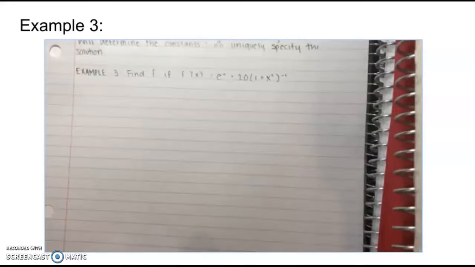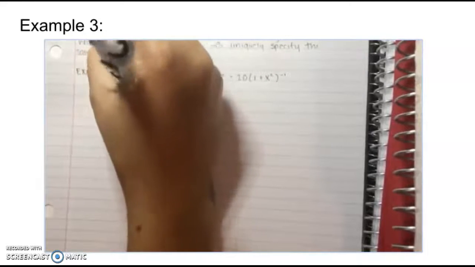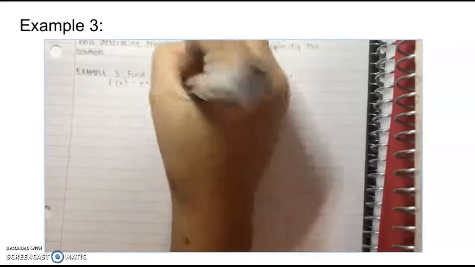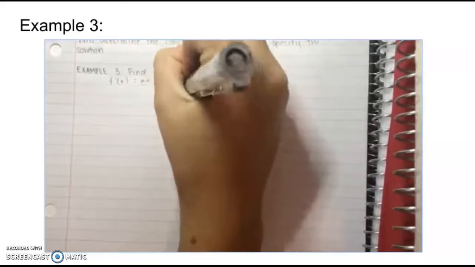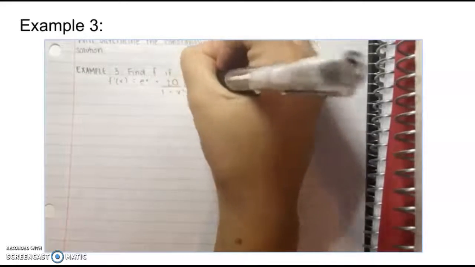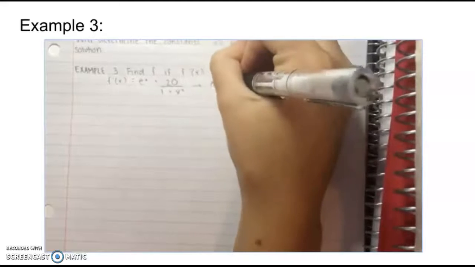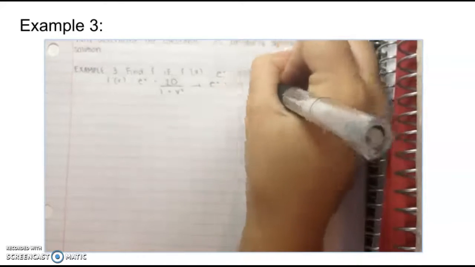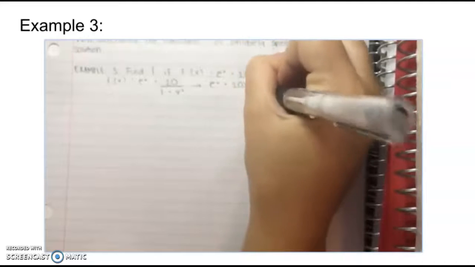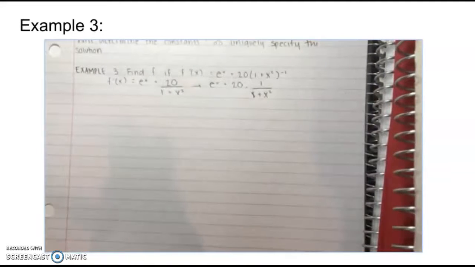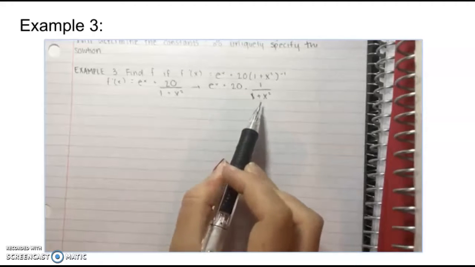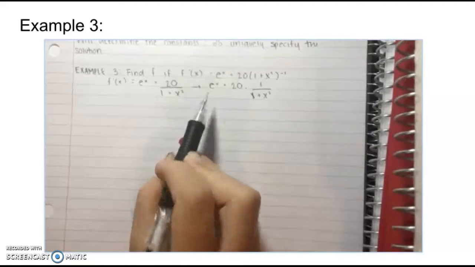We need the general antiderivative, and we can start by rewriting this as f prime of x equals e to the x plus 20 over 1 plus x squared, which can also be rewritten as e to the x plus 20 times 1 over 1 plus x squared, which then we can now take the antiderivative, and we should see that this looks familiar, and e to the x is always e to the x.